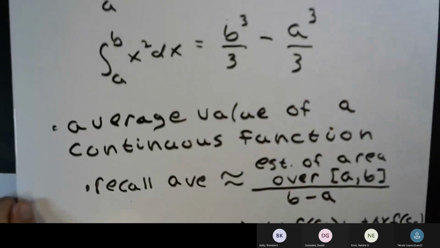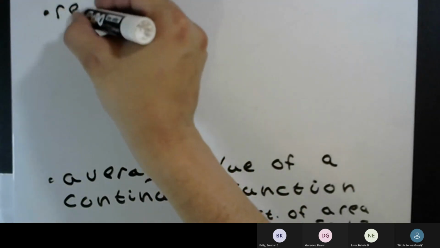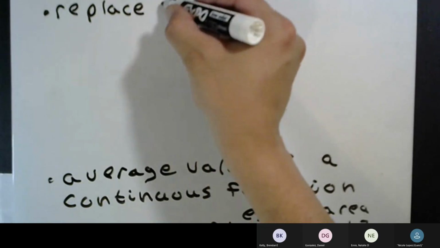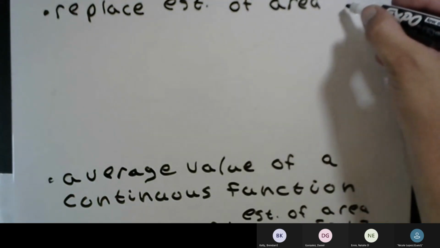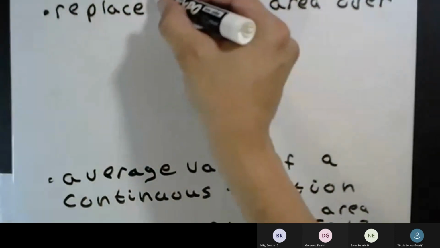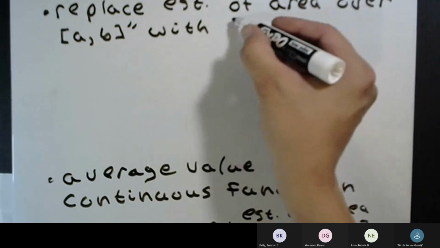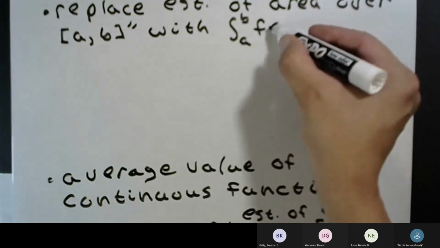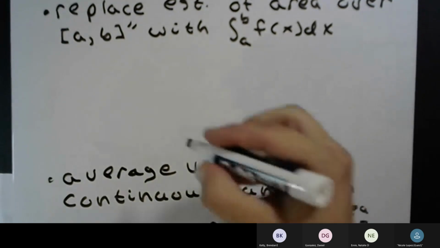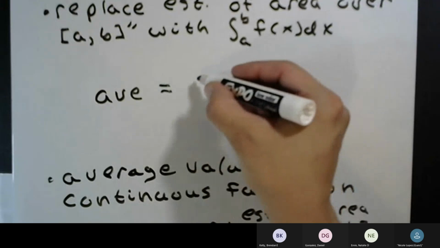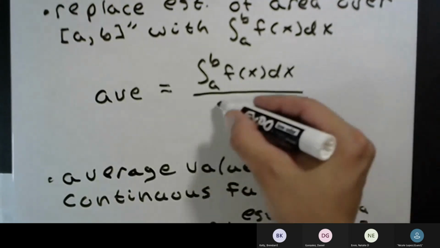And so we're going to replace, not with an approximation of the average, but we'll replace the estimate of the area over AB with the integral of f of x dx over AB, where the average equals this.